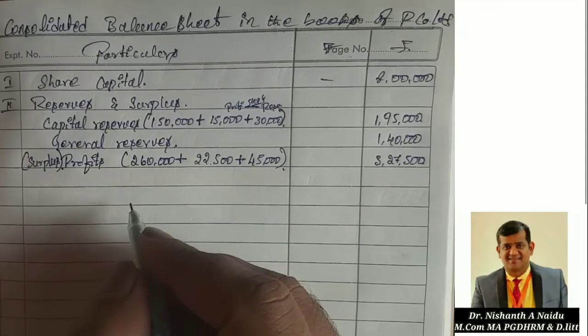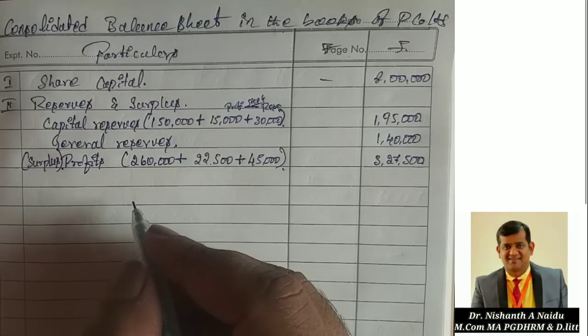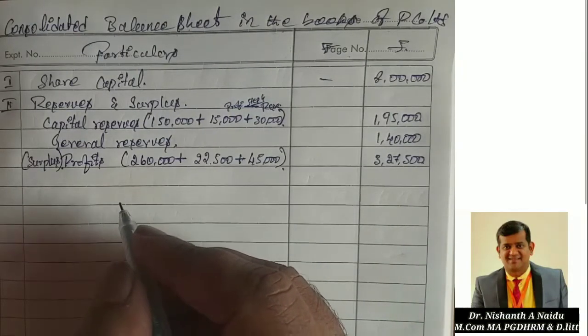So after that we have to take non-current liabilities. Non-current liabilities. So in this problem he says secured loan. So secured loan is considered as non-current liability.